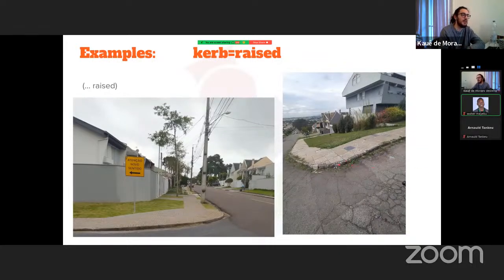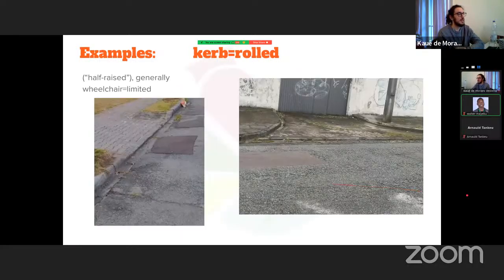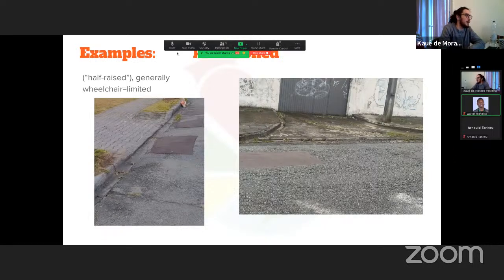You can see whether you are on the sidewalk or on the street. So there's also the half raised curb, the curb rolled, that is generally not really accessible, so you can put the tag wheelchair limited, because it's a ramp that's generally meant for cars. Okay, so there's this value that is curb rolled.